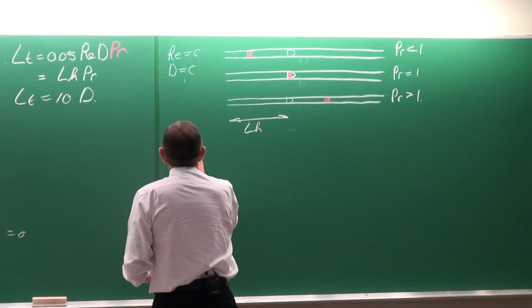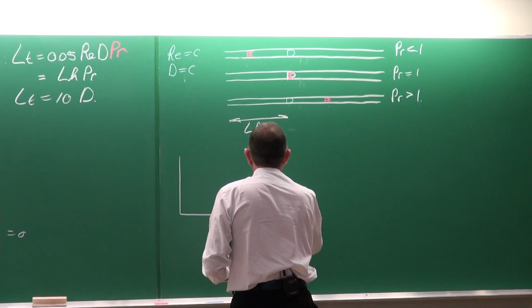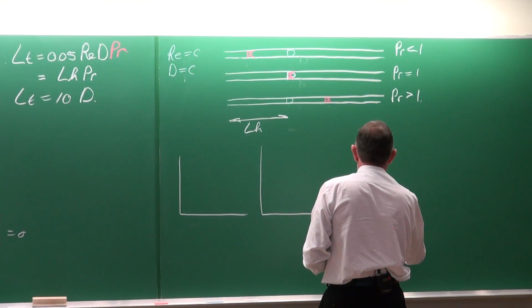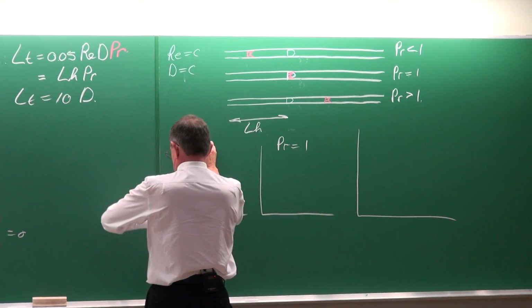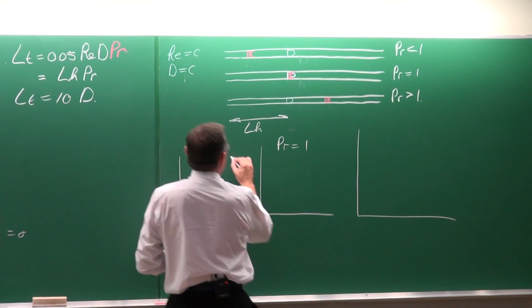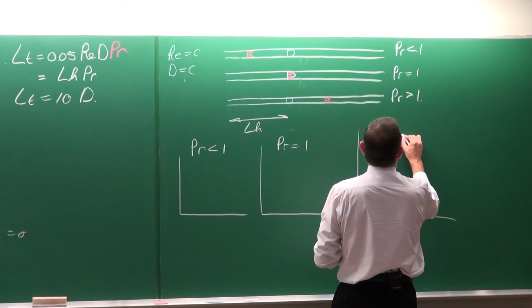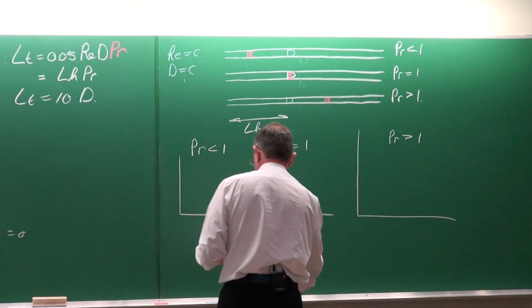So if we look at these three cases on graphs, for the case of Prandtl equal to 1, the case of Prandtl smaller than 1, and the case of Prandtl larger than 1.